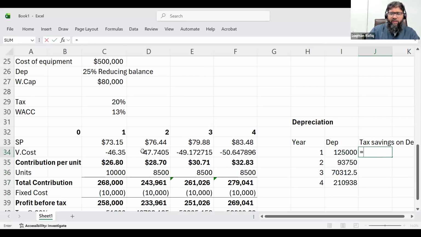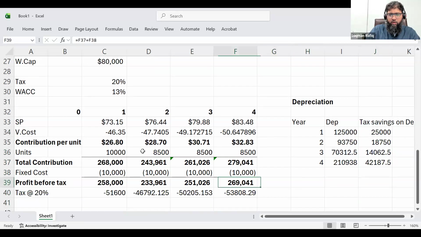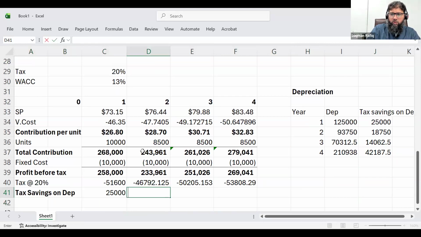So the tax savings on depreciation is going to be this into 20%.